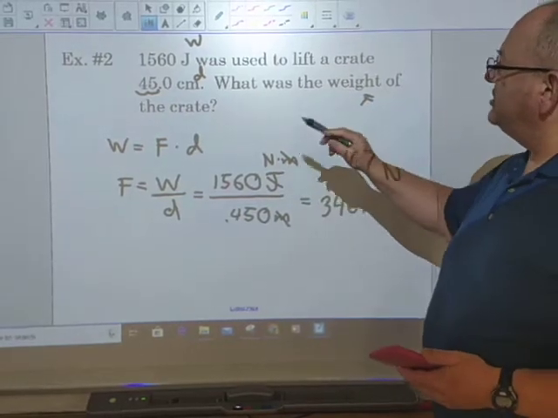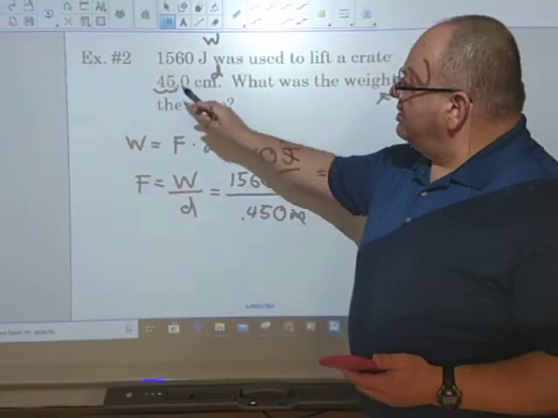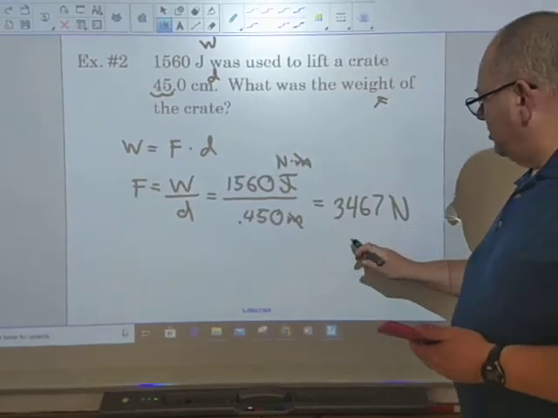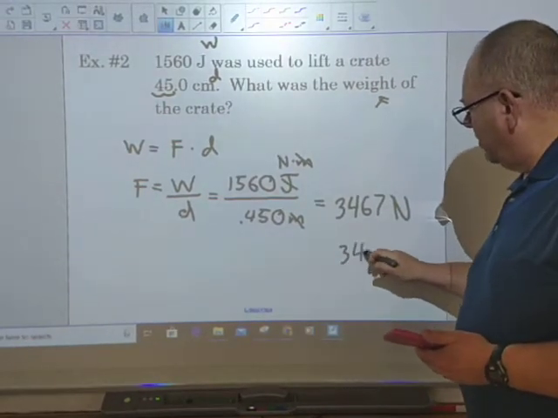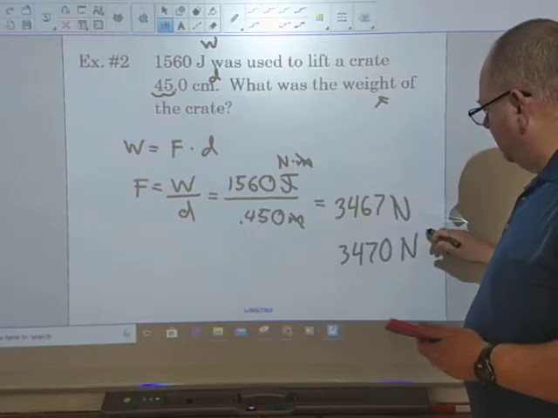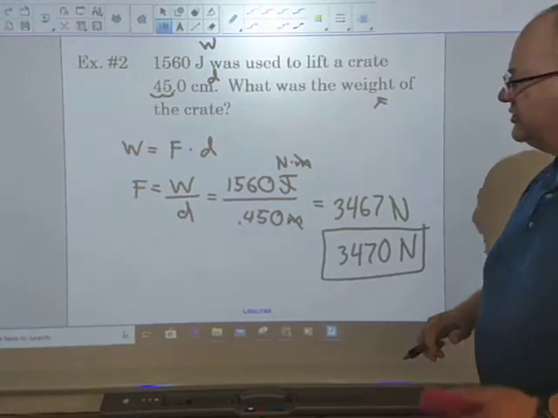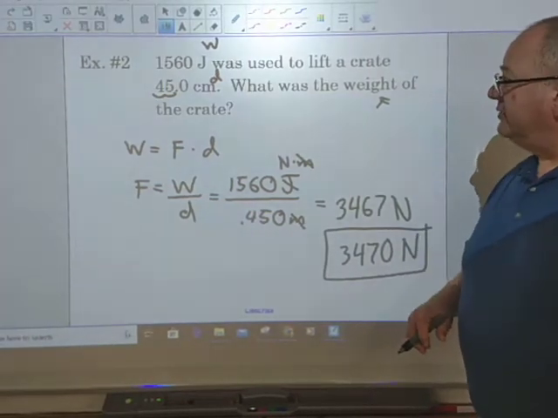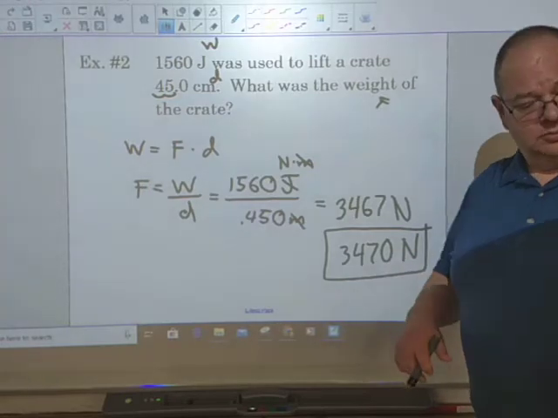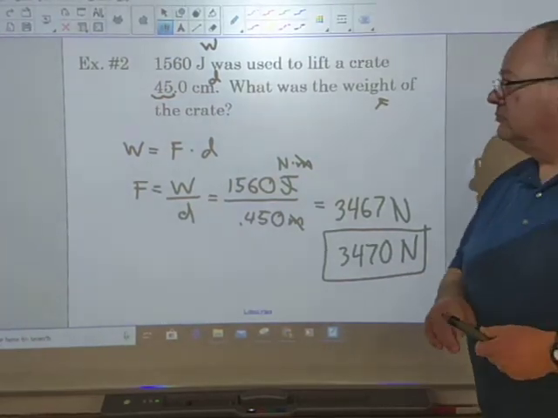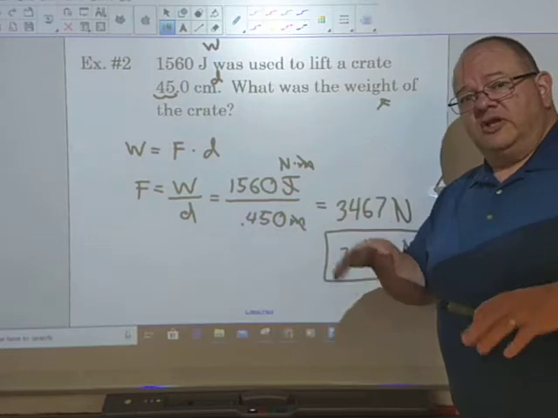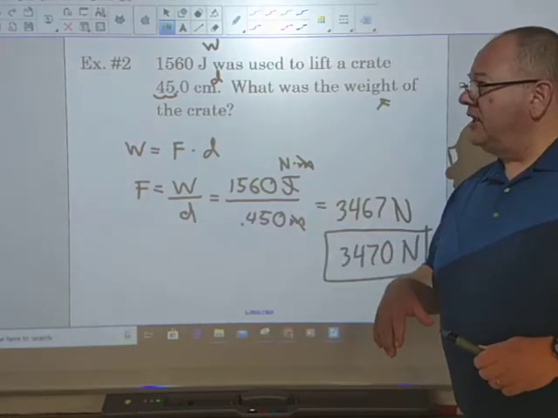I should go back and see. We got 3 sig figs here, 3 sig figs here. So I'm going to go 3,470 newtons is the weight of our crate. That's a force. Okay. Good news with these videos, you can back it up and look at it again.